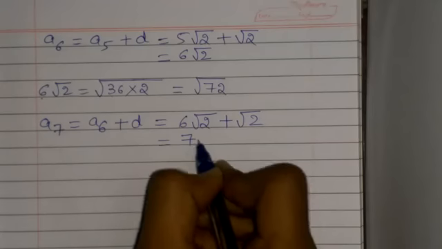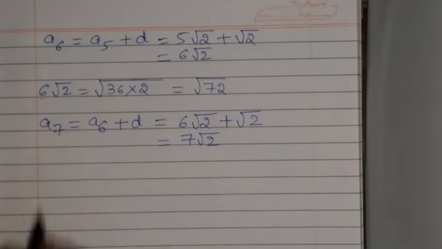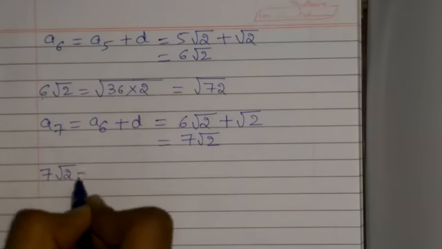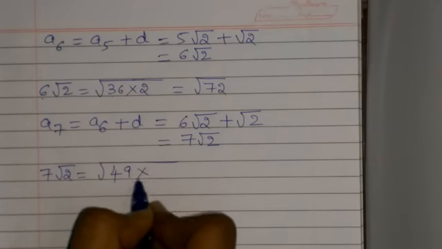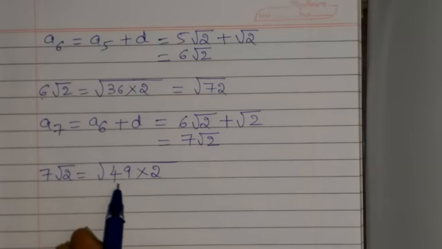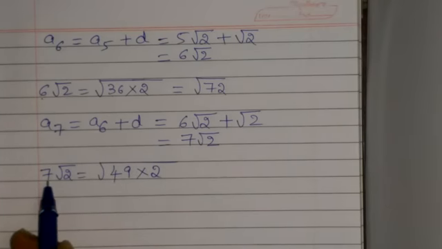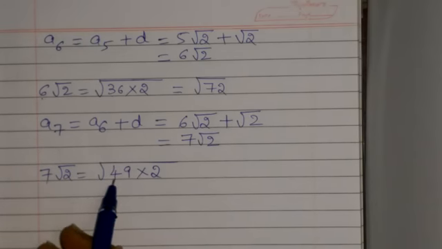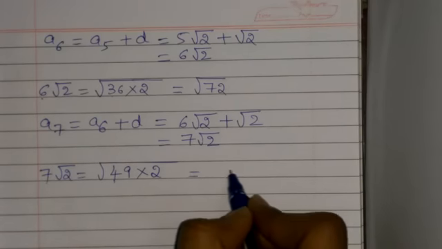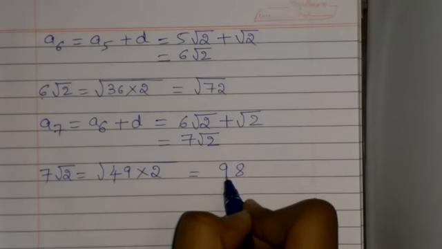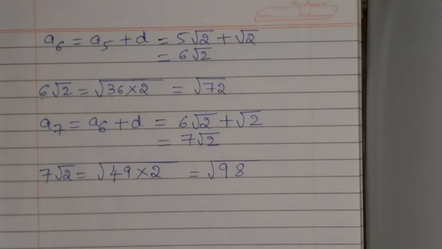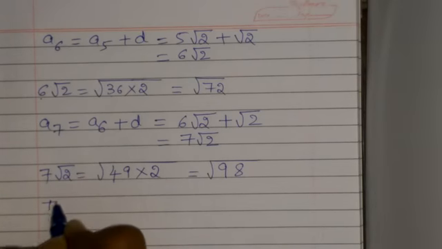We can write it as 7 root 2. 7 root 2 can also be written as, if you take 7 inside the root, then it will be 49 into 2, since root 49 is 7. So 49 into 2 will be root 98.